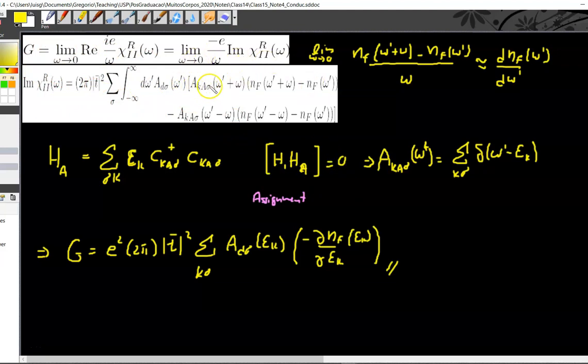So now what do we do with the spectral function A_k sigma? Remember, what is this? A_k sigma is minus 1 over pi, the imaginary part of the retarded Green function of k sigma, which is minus 1 over pi, the imaginary part of this guy, c_k sigma dagger.